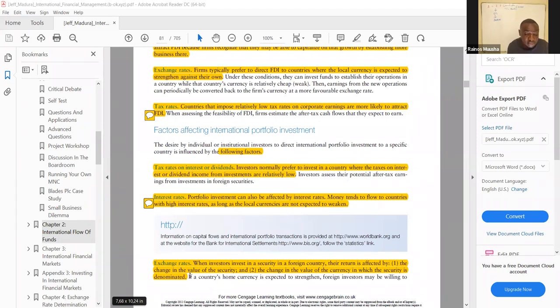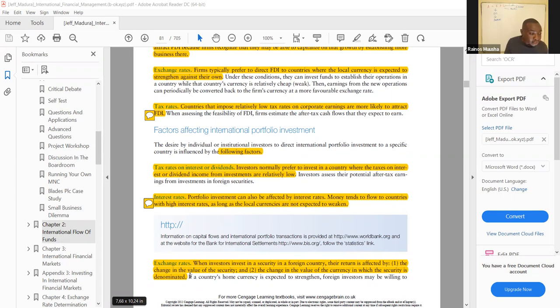So you can have a situation where your investment gives you a positive return, but the movement in exchange rate results in a net loss for you.